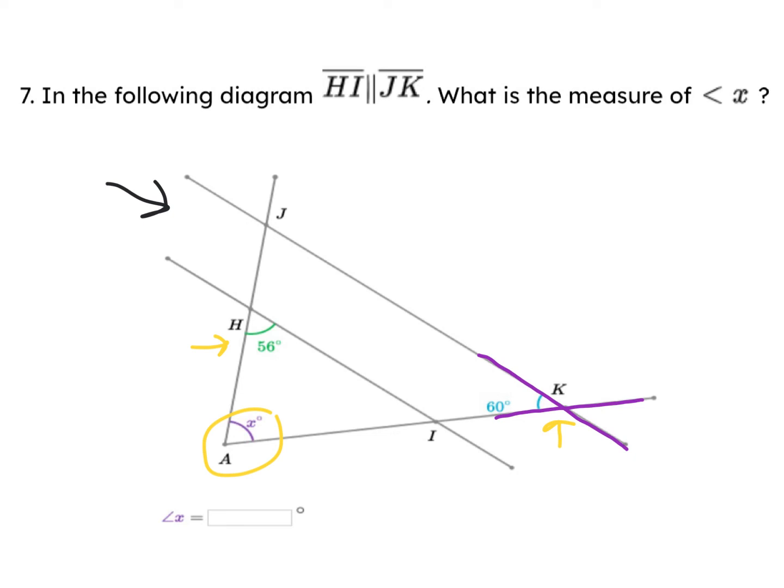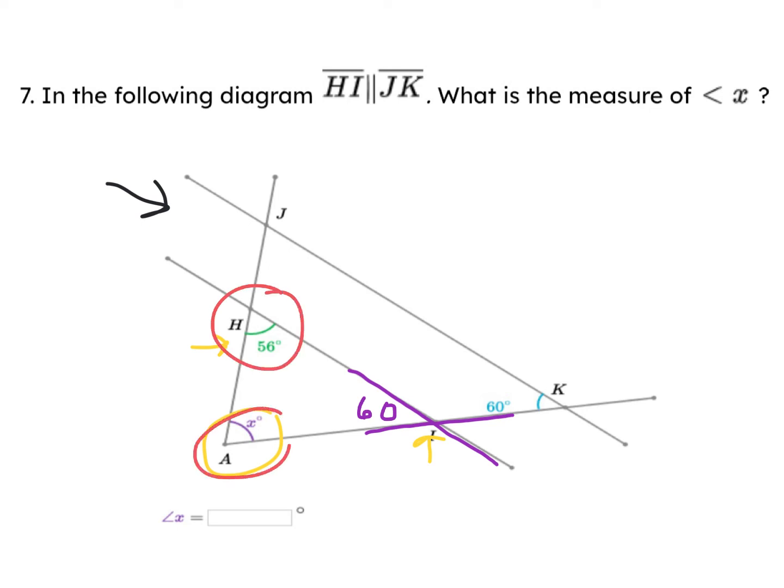So let me trace that and translate it. And yep, they're the same. So if angle K is 60, then angle I right in here is also 60 degrees. Now, we have a triangle. Do you see it? So these three angles added together should have a sum of 180.